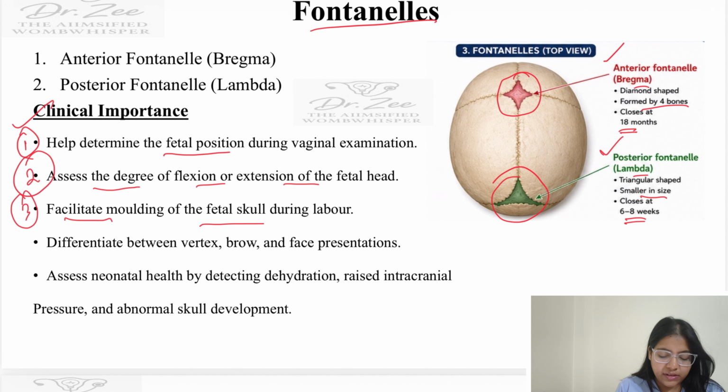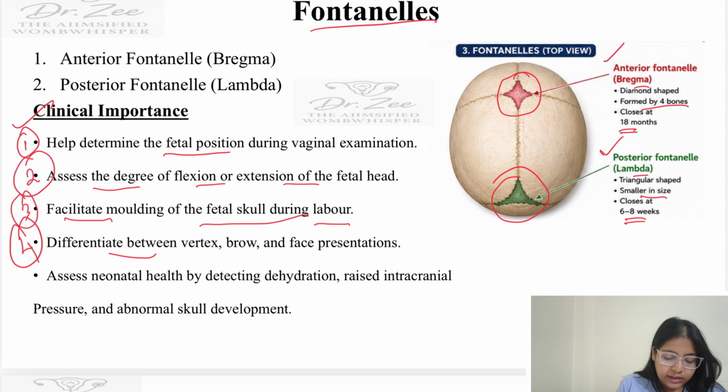Number three, it facilitates molding during labor. The space is smaller and the fetus is going through the pelvis. If there is molding, that is gliding of the fetal skull bones over each other, then the passage will be relatively easier. But if there was no molding, just imagine the delivery process would have been much more difficult.